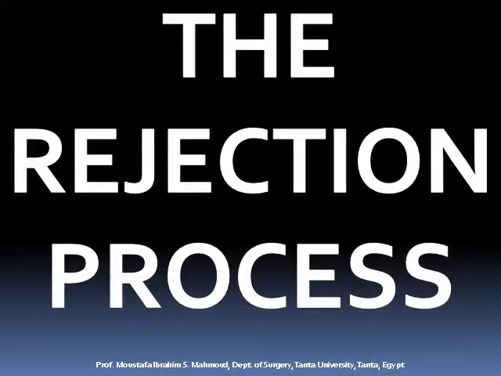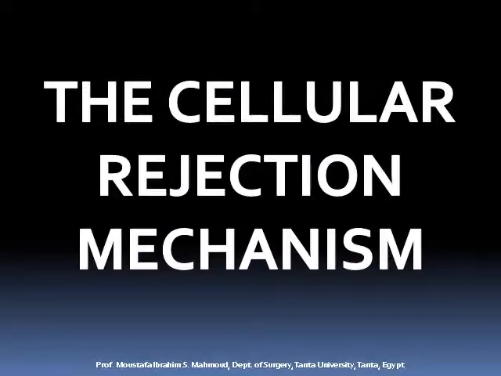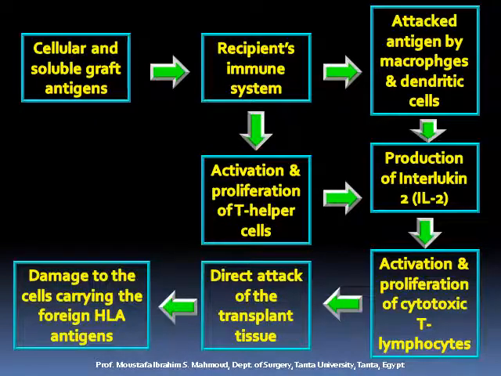The rejection process: cellular mechanism and humoral mechanism. The cellular rejection mechanism. Cellular and soluble graft antigens will affect the recipient's immune system, which will attack the antigen by macrophages and dendritic cells and also activate the proliferation of the T helper cells.